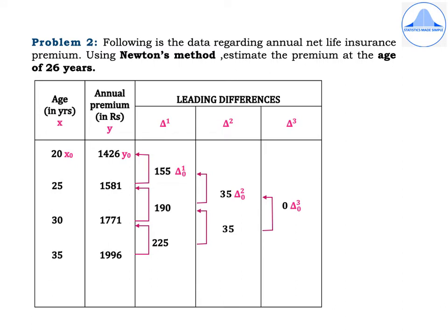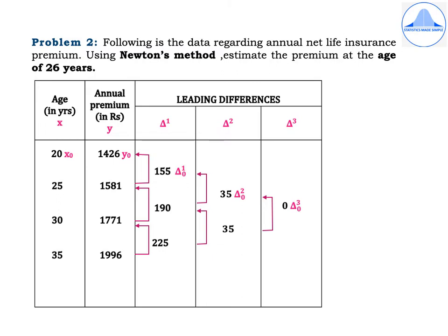Similarly, 1771 minus 1581 is 190. 1996 minus 1771 is 225. Now the leading differences should be written in between the values of the previous column.